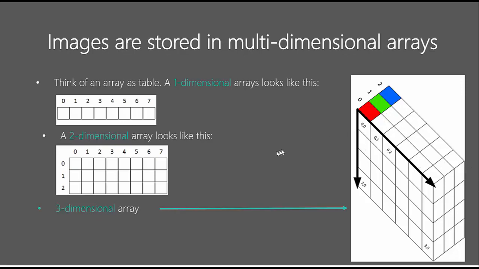So what this means now is that each cell is identified by three numbers now. We have 0, 0, and a third 0 here. 0, 1, and 0 to represent the red. If you wanted to find the green value, it would be 0, 1, 1. So that's essentially how RGB images are stored in arrays in OpenCV.